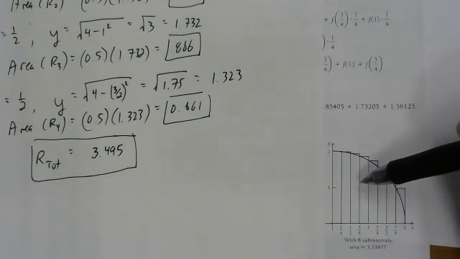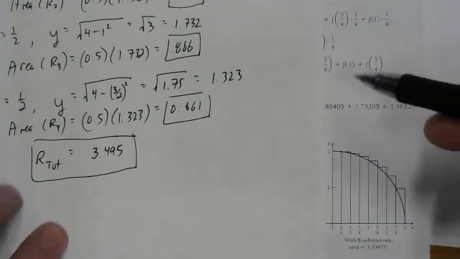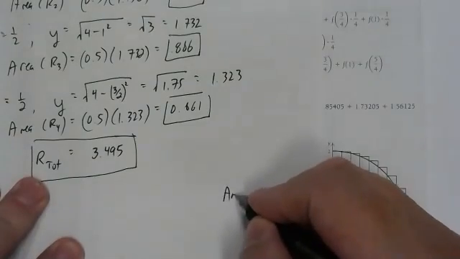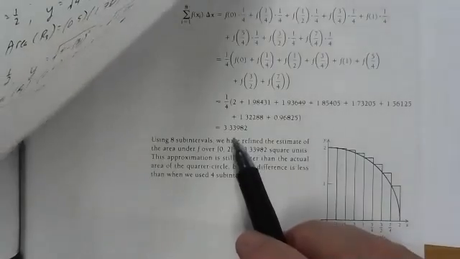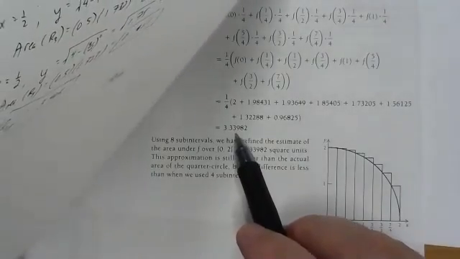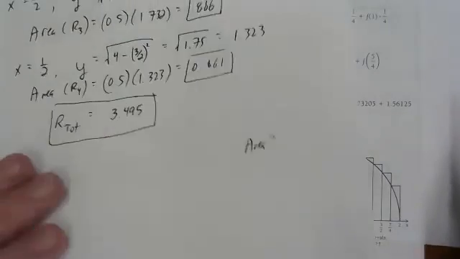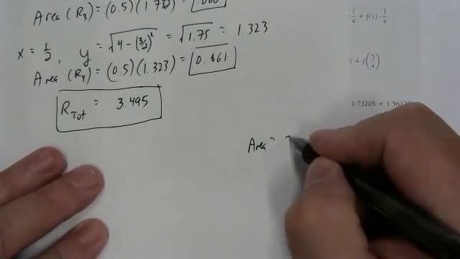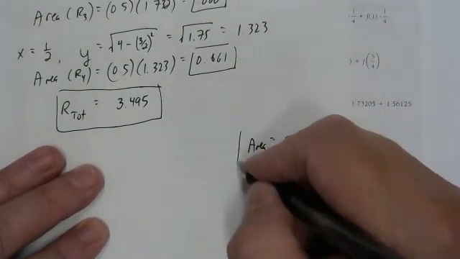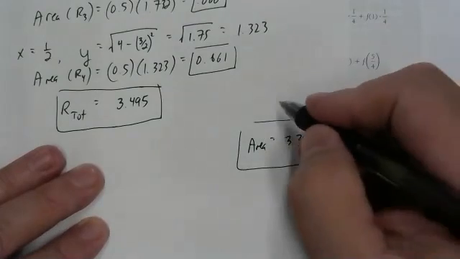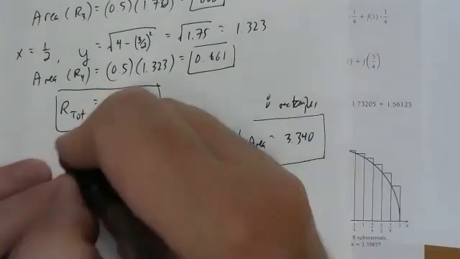Now, just so you know, the book did the calculation. When you do 8, it's right here, 3.340. So that's with 8 rectangles.